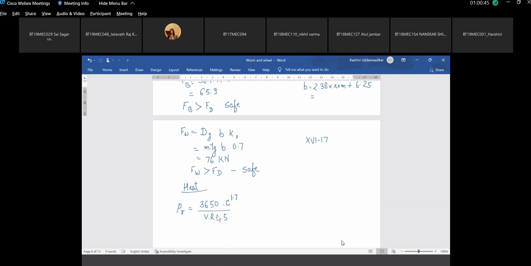This is the rated power, where the center distance C is to be taken in meters and you will get the power in kilowatt. Velocity ratio is just a ratio.